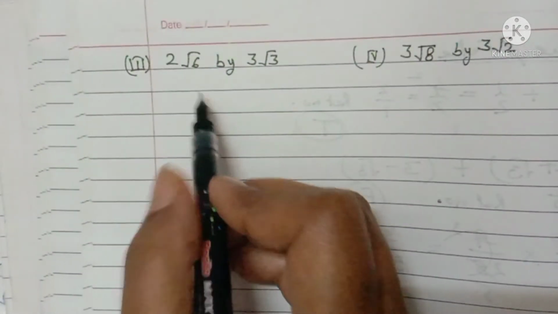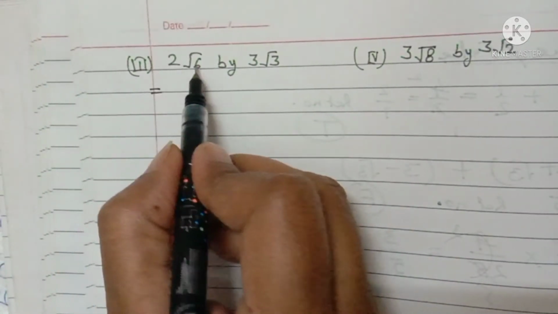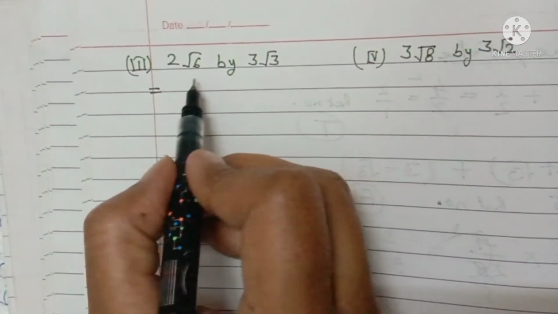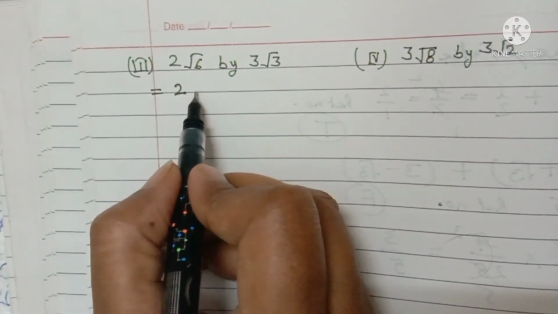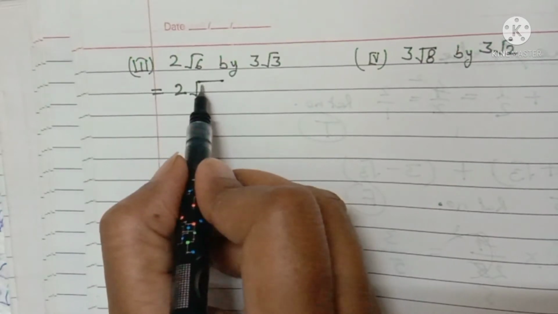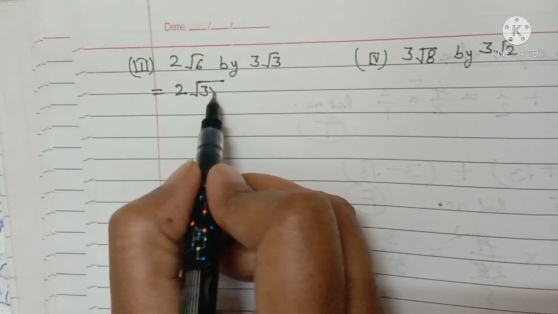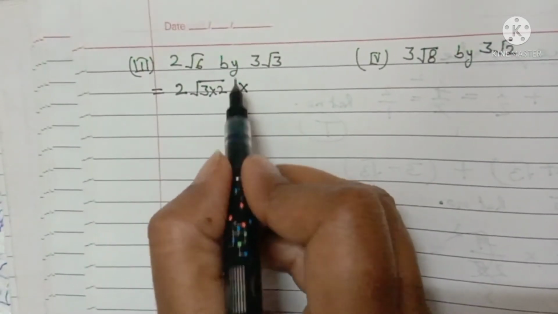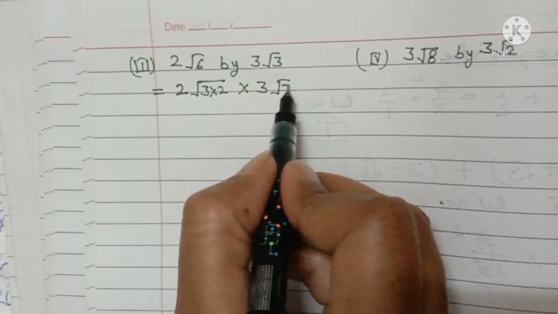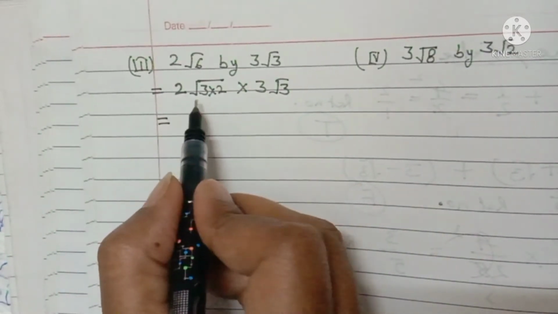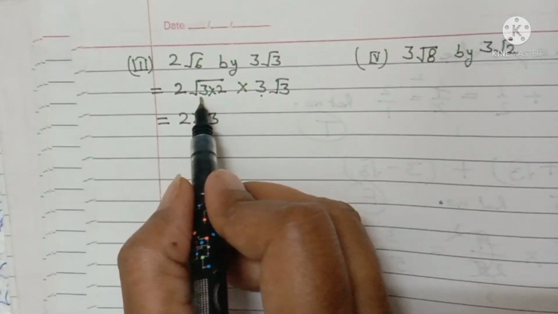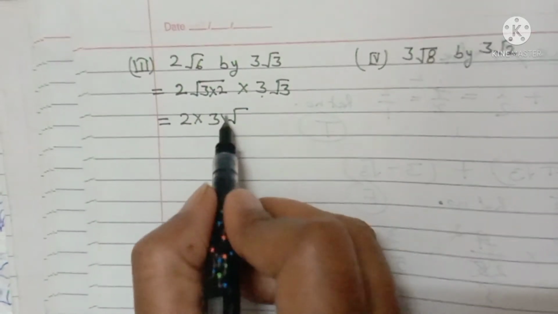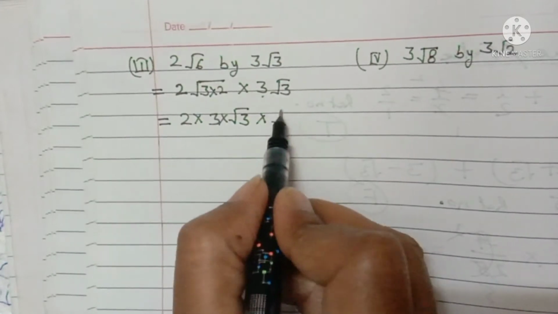Now this is the third part. 2 root 6 by 3 root 3. So you can write it like this: 2 root 6. Root 6 means root 3 into 2. Multiply 3 root 3. Now this becomes 2 into 3, these numbers, and root 3 into root 2.